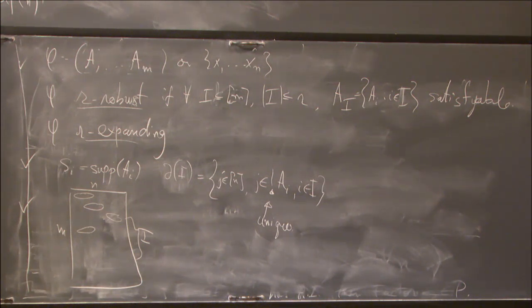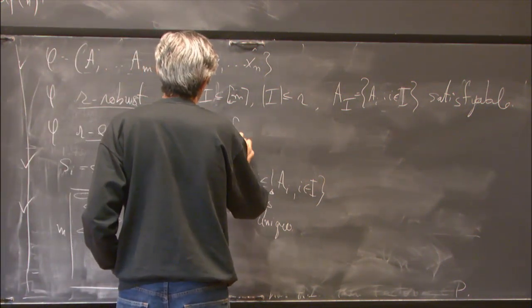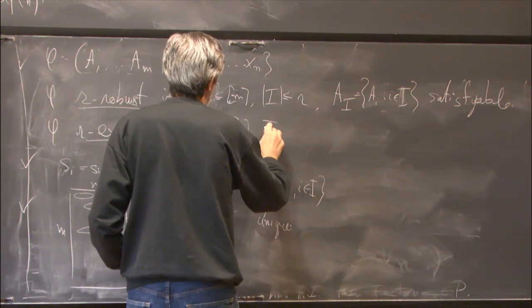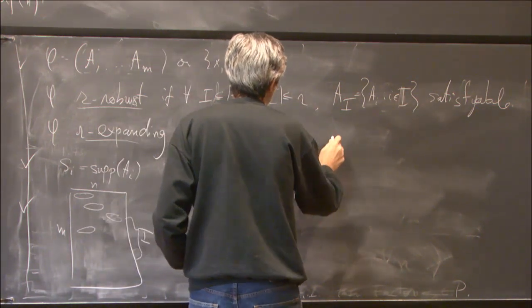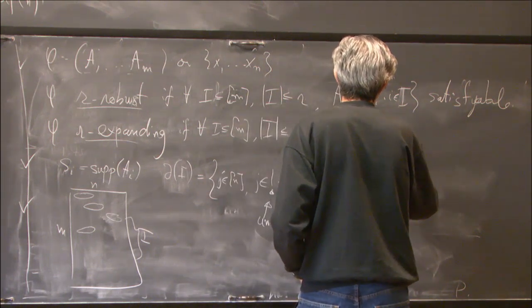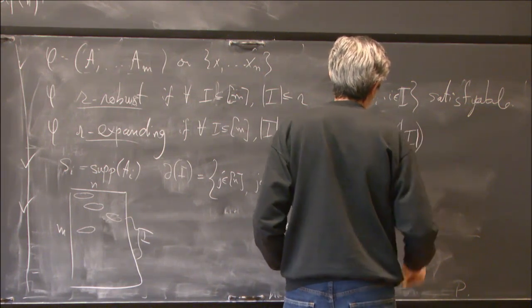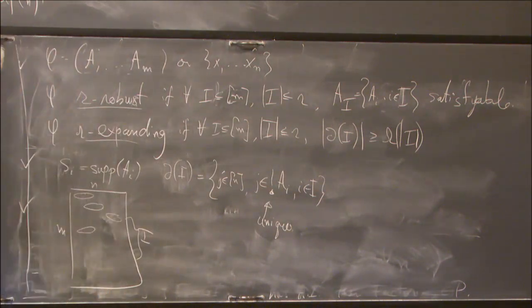Okay? And now we say R-expanding if every set which is not too big has a large boundary. So R-expanding if for every I in M with I at most R, the boundary of I is at least a constant times the size of I. Okay, some constant fraction of the number of sets is actually isolated vertices.